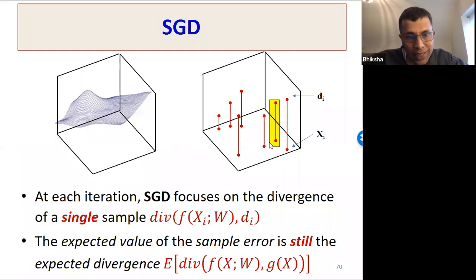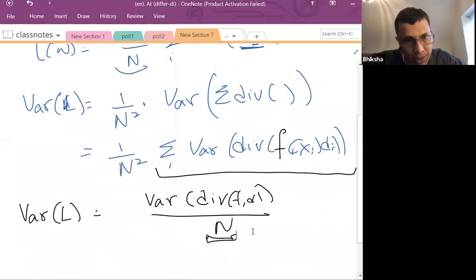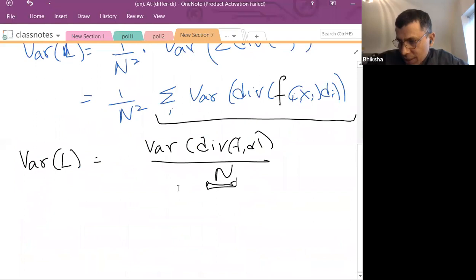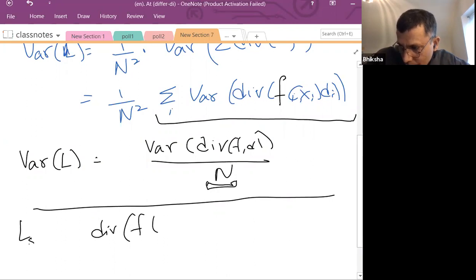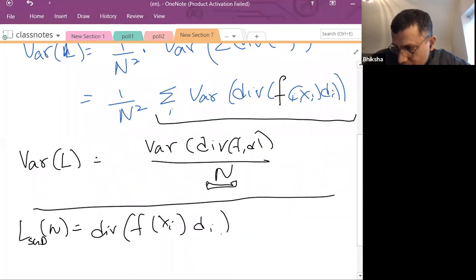Now, at each iteration, SGD focuses on the divergence of just one single sample, right? So SGD doesn't consider the average. What SGD considers within each iteration is just this, LSGD, of a single instance.